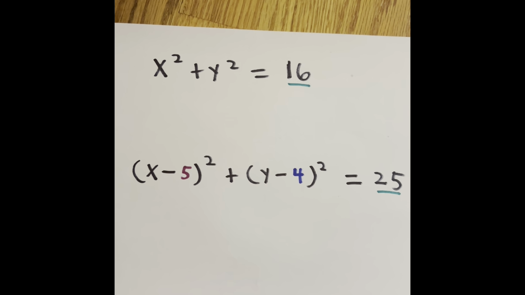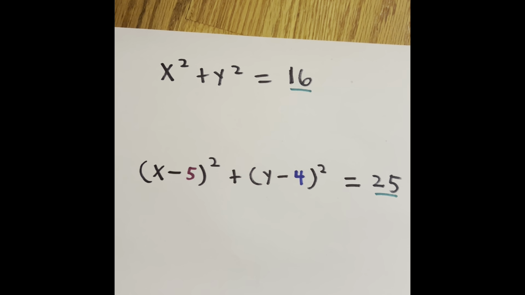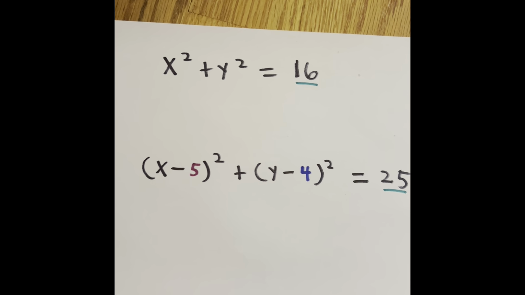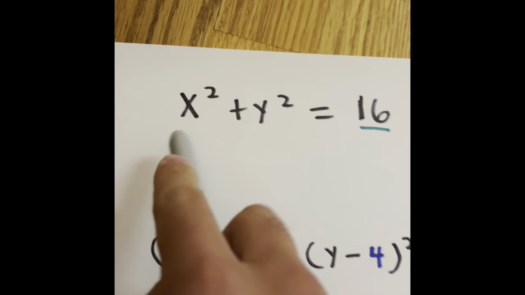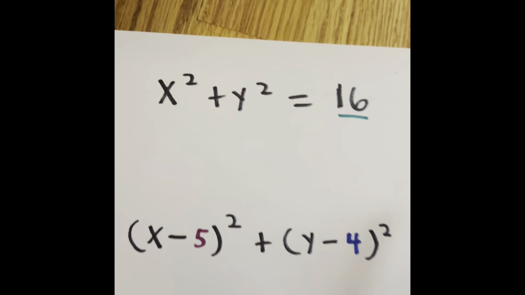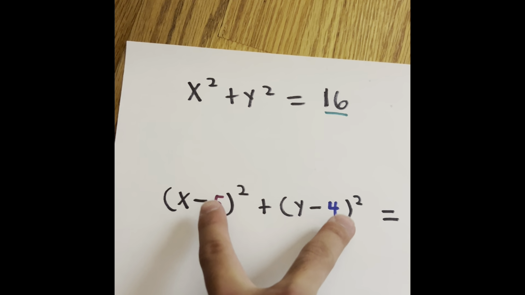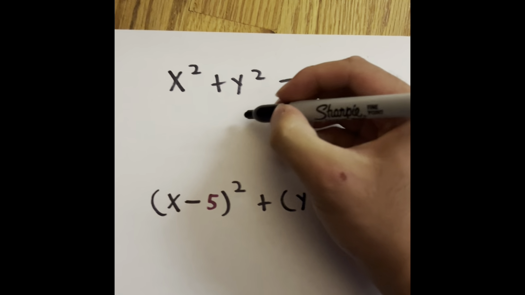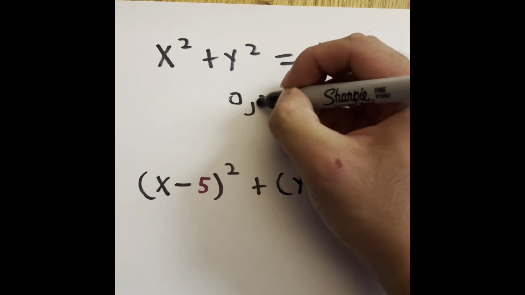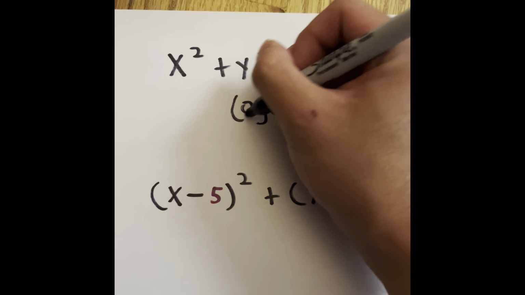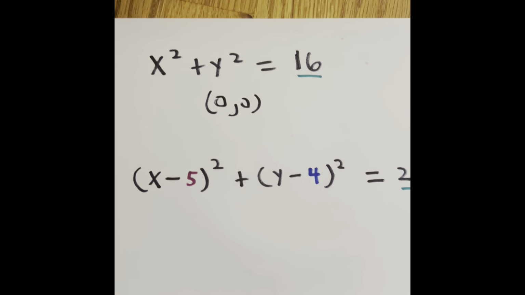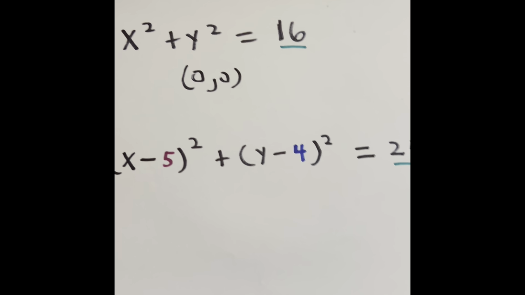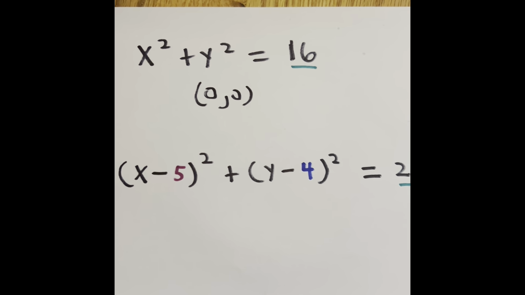There's a general rule that makes the math very easy. If you have an x squared and a y squared, and it's not showing something like x minus 5 or y minus 4, then the center point for the circle is 0, 0, also known as the origin. But what about the 16?